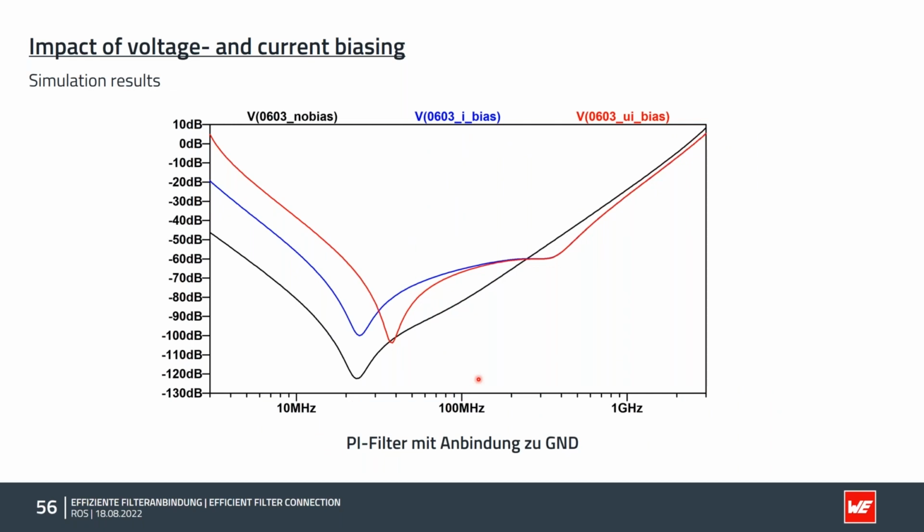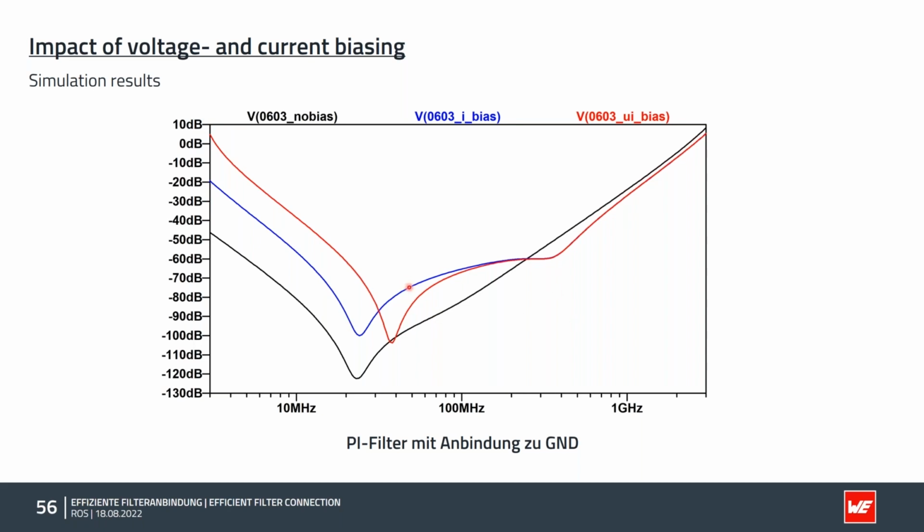The blue one happens if I use the pi filter with a current which is flowing through the design. And in reality, it often happens that you have a lot of current. And if I also have the voltage which drives the current, then you get the red curve.